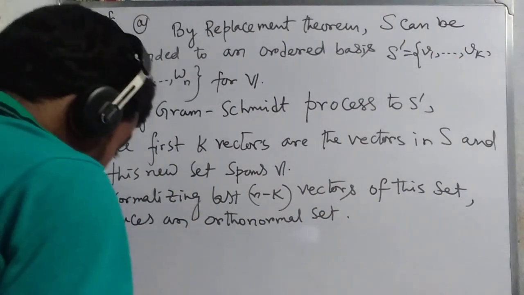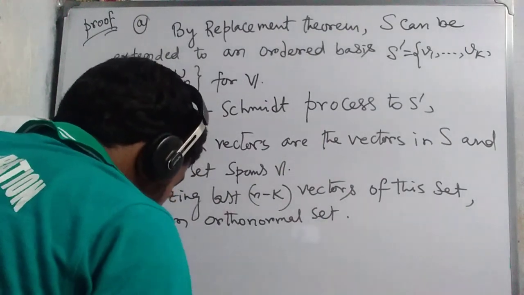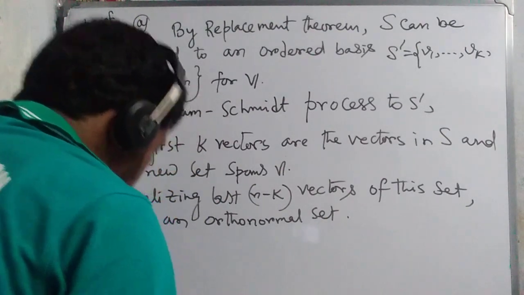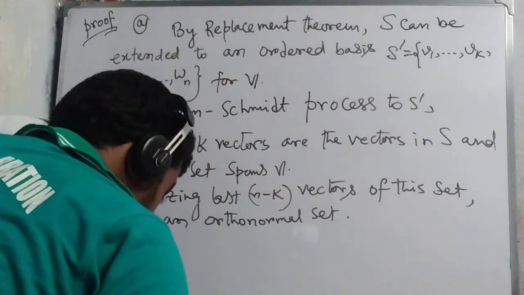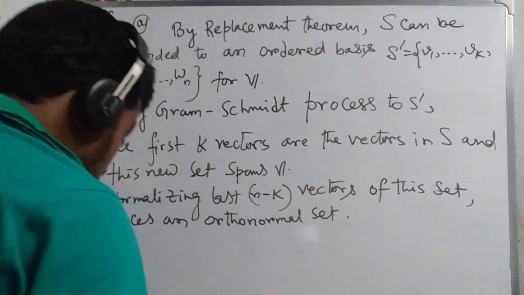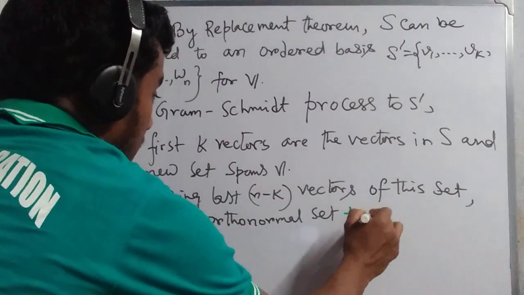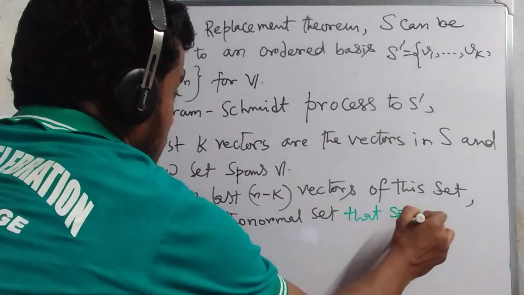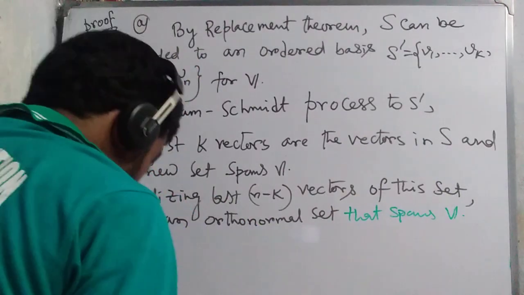Normalizing these vectors produces an orthonormal set that spans V. Understood?